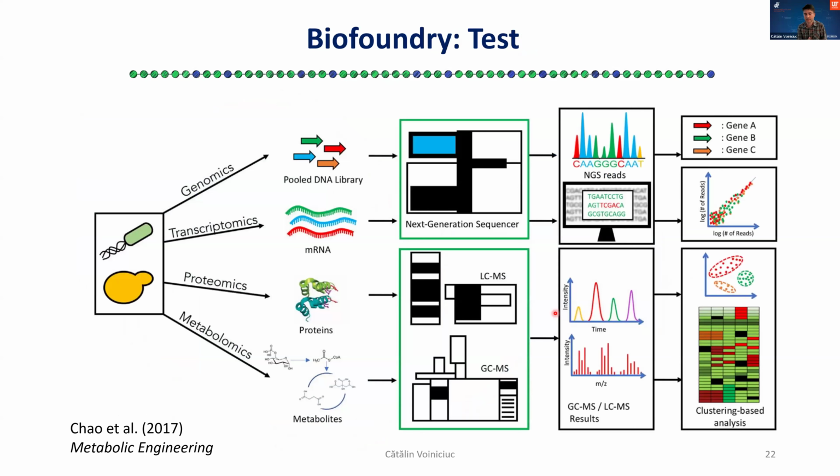On the test side, it depends on what kind of molecules or process you're after. For carbohydrates, we use liquid chromatography as well as gas chromatography, mass spectrometry to analyze the biochemical composition of the cell wall. But as I mentioned, it's much more attractive if you can have a fluorescent probe or some other detection system.